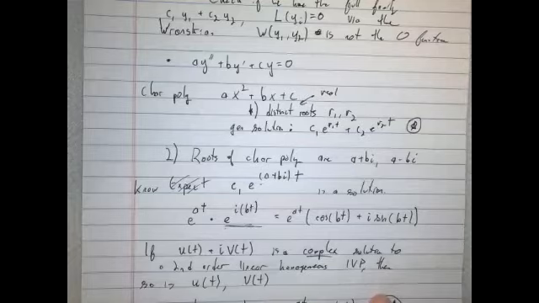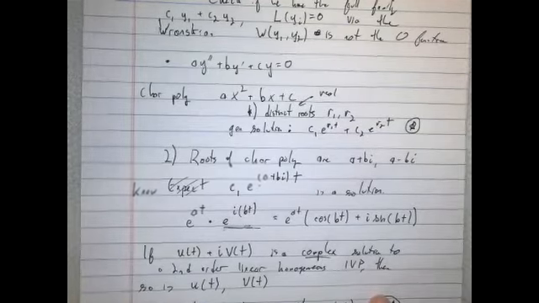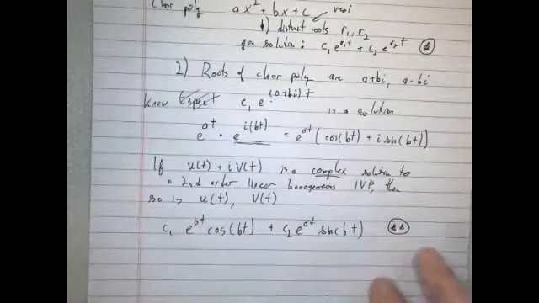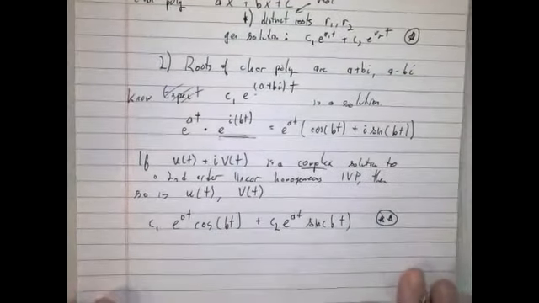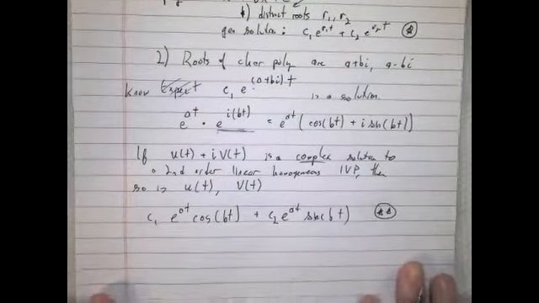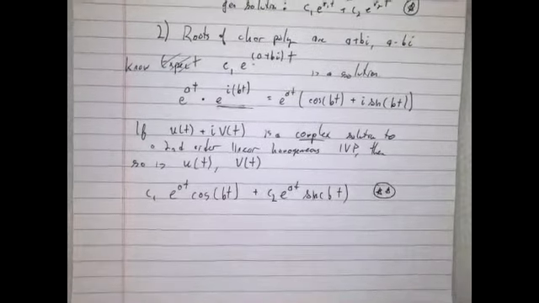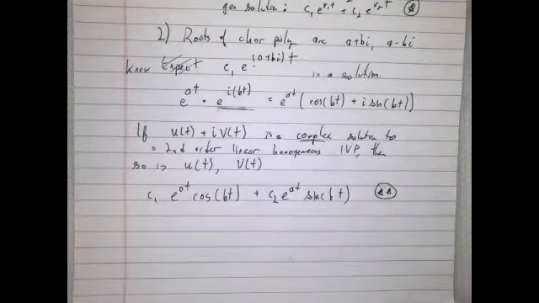Okay, so any questions on this kind of summary that I have right now? No questions. Okay, so what I'm going to do is first point out an interesting side note, and then we'll move on to the third case.